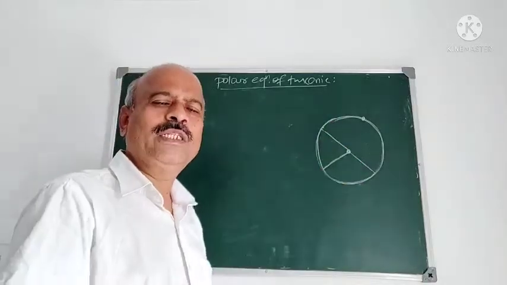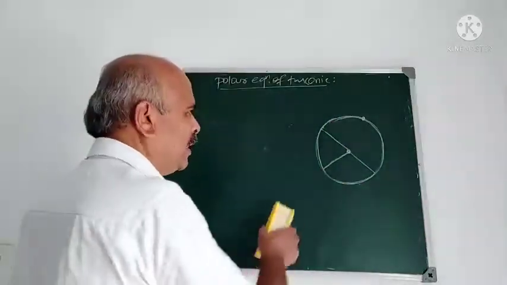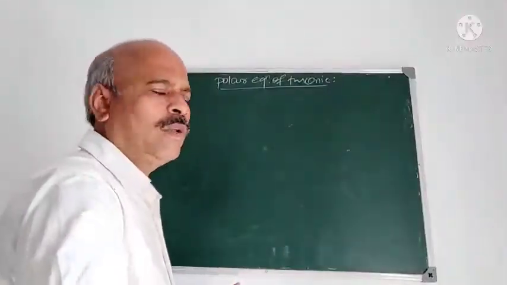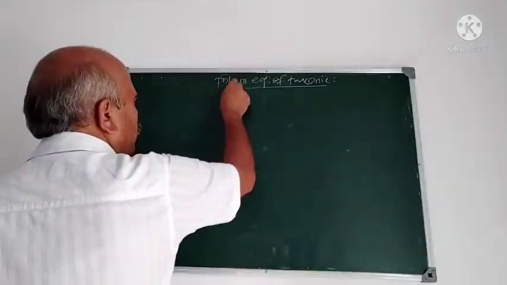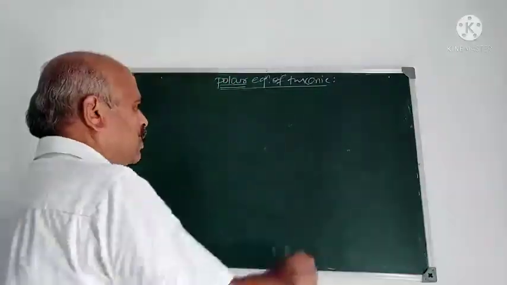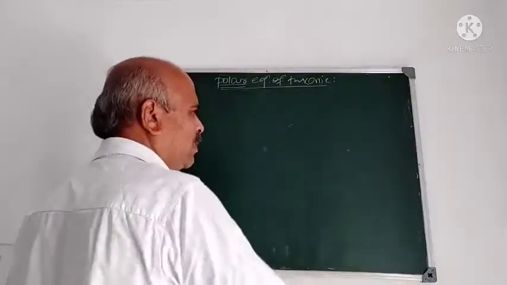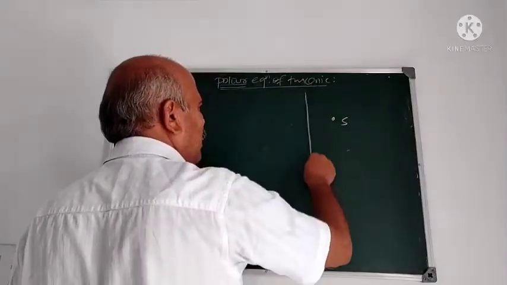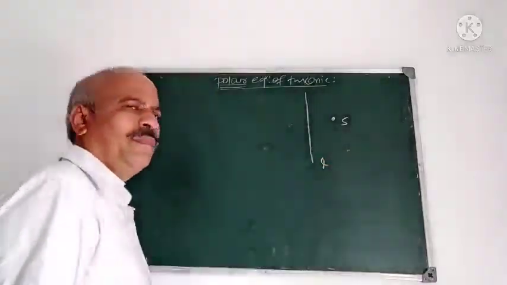Now we define conic section as locus of a point, and we study conics as locus of a point. Of course, we study the equation in terms of polar coordinates. Firstly, how to define a conic section as locus of a point? Suppose S be the fixed point and L be a fixed line.